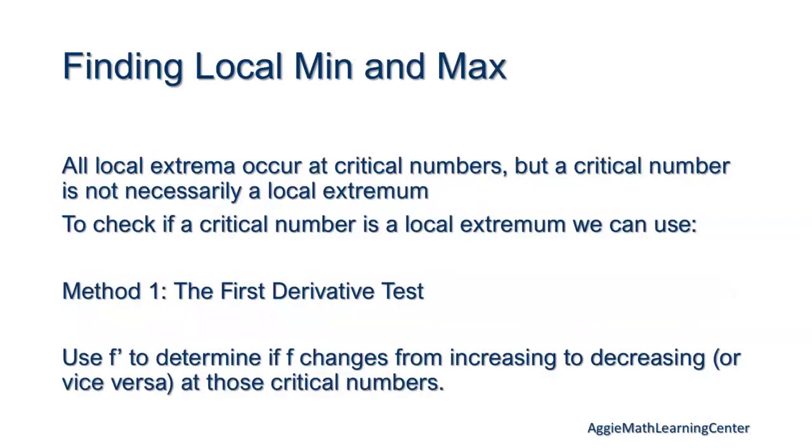So, to find local min and max, we look at critical numbers, but not necessarily. If it's a critical point, it doesn't necessarily mean it's a min or a max. But if it is a min or a max, it is a critical point. That's kind of confusing, but yeah. The first method is the first derivative test, and we're going to use f prime to determine if f changes from increasing to decreasing or vice versa.